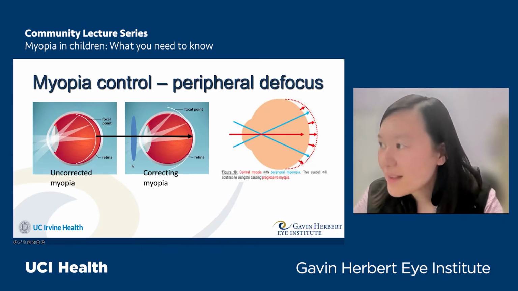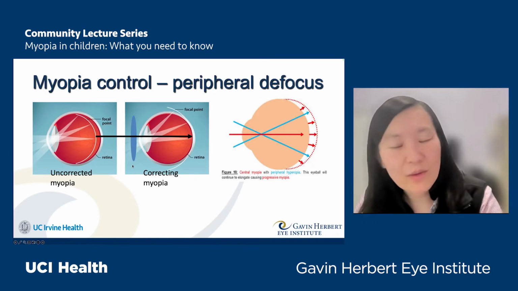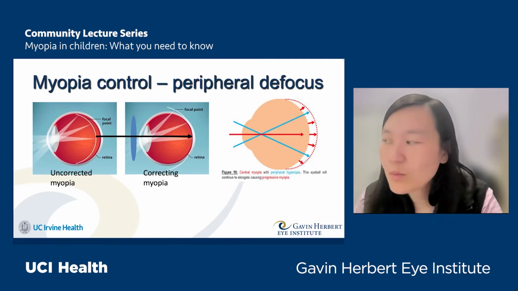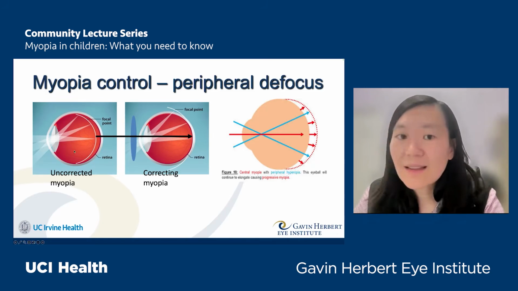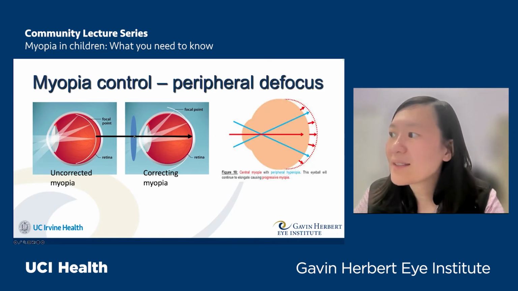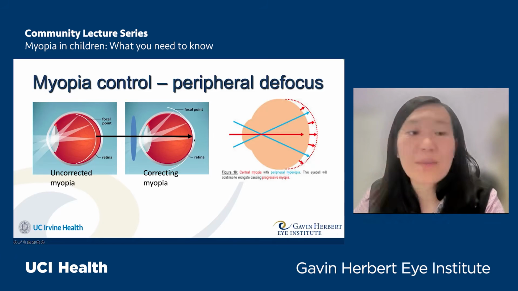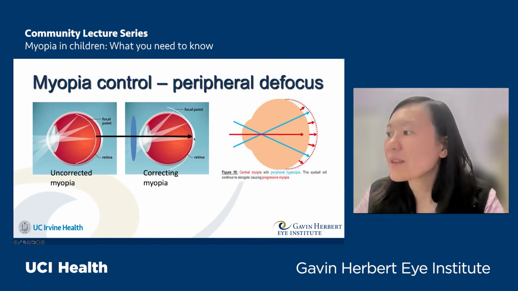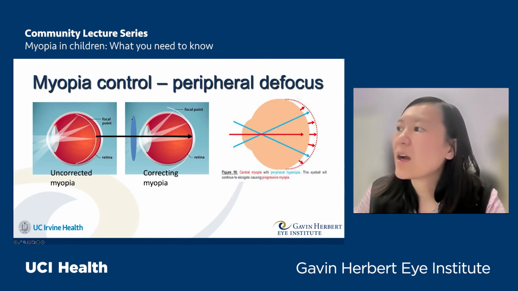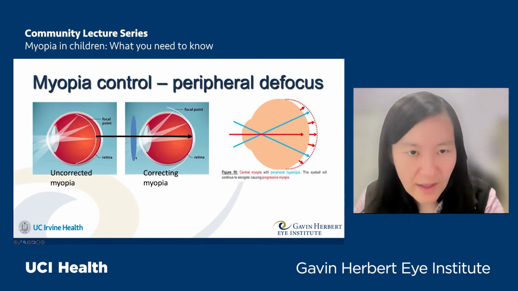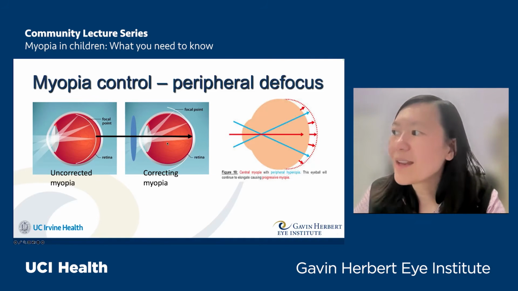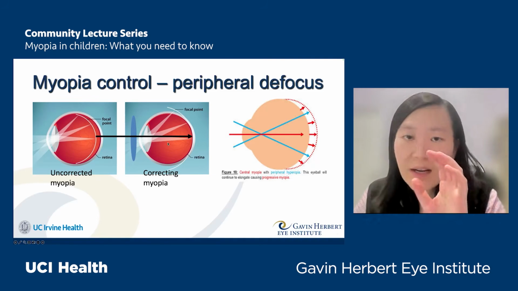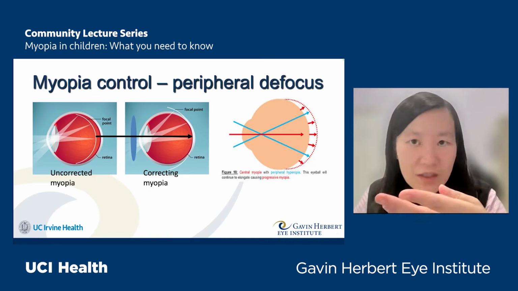When you put a lens, a piece of glass, whatever the glasses is that the kids wear, what the glasses does is it refocuses the light so that it hits the back of the eye, the retina. However, the light is not just in one direction, right? Light comes to us in different directions.